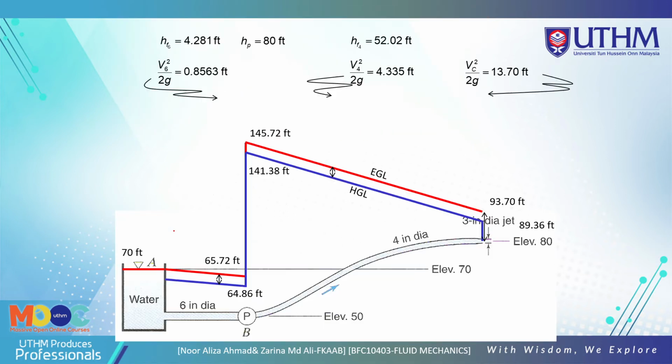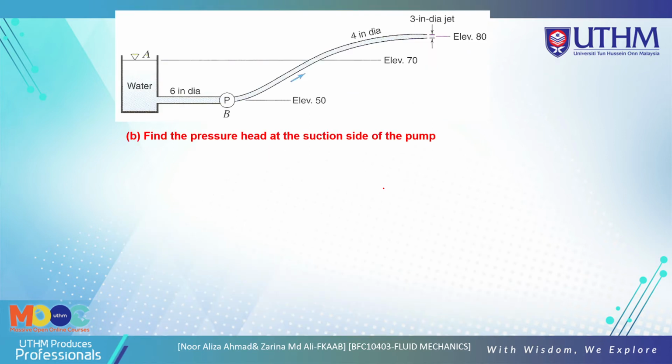So maksudnya based on that you find here HF4 and HP here. And the HP here, you get the V6 based on 0.8. So dia ada perubahan dia lah berapa. So you must sketch the EGL and HGL. Now we look to find the pressure head at the suction side of the pump, the pressure head here.